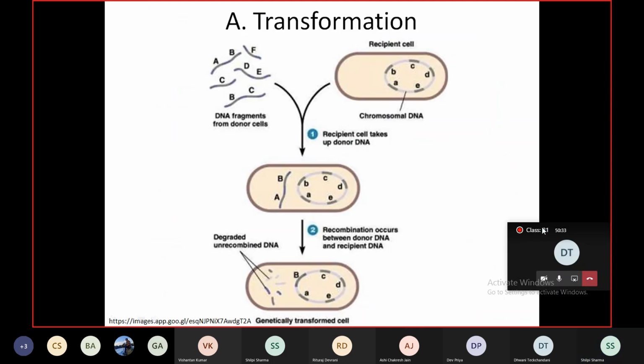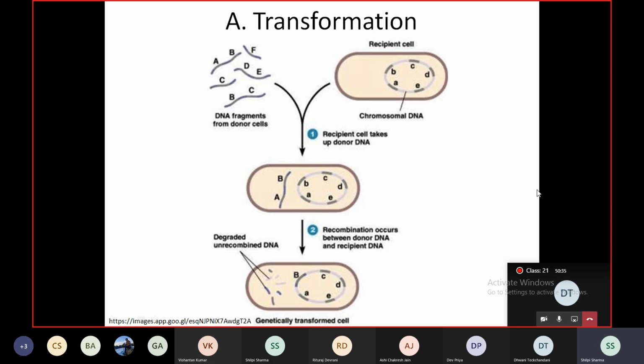Now, what is required in transformation is DNA persistent in the environment, which would have come from a cell that was alive earlier. And another requirement is that the recipient cell should have the ability to take up free DNA. This is not something which every cell does throughout its life cycle.